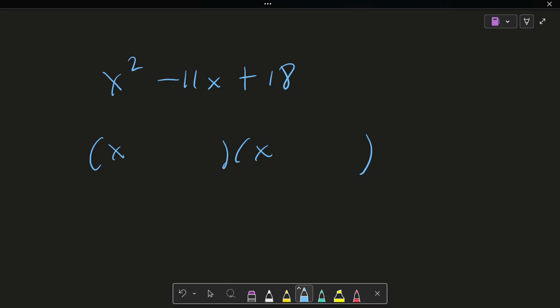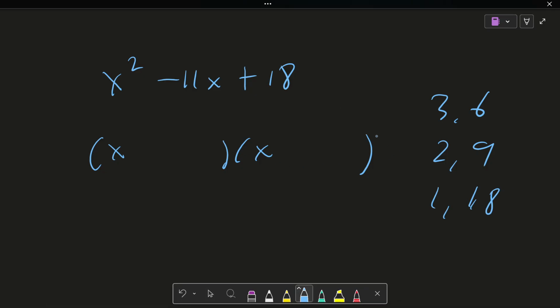Now we must find two numbers such that the addition of the two numbers must be negative 11 and the multiplication must be 18. So 18 can be either 3, 6, 2, 9 or 1, 18. These are the only possibilities.